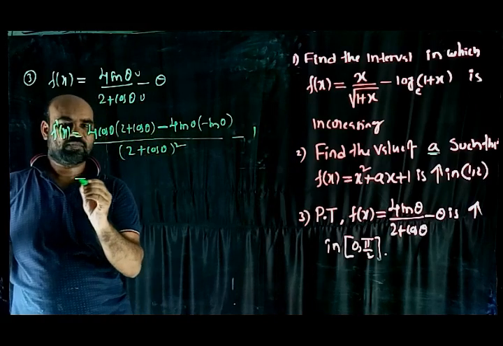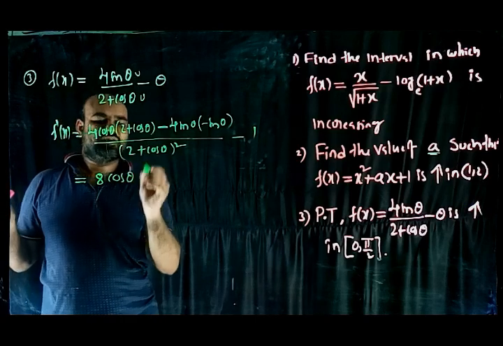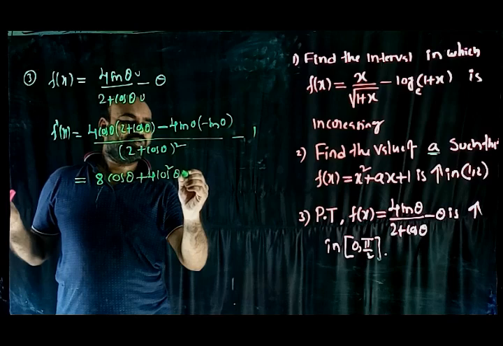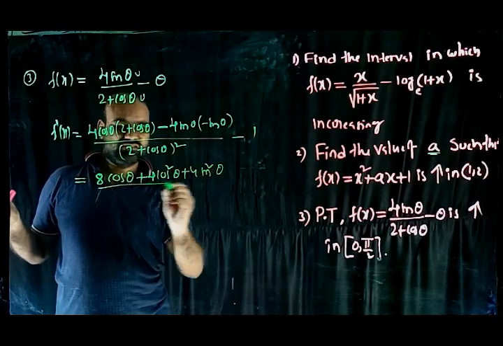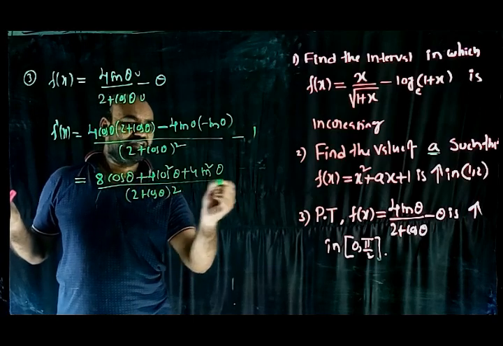Simplification. 8 cos theta plus 4 cos square theta plus 4 sin square theta by 2 plus cos theta whole square, and minus 1.